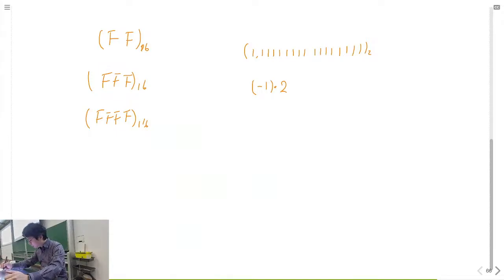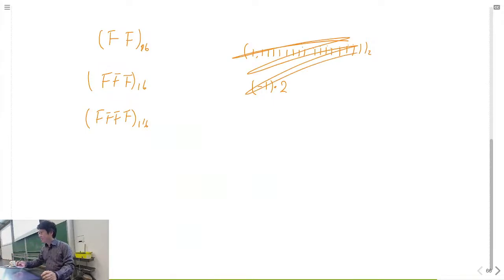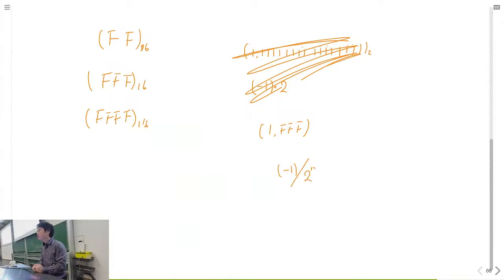Wie viele sind das? Das ist 1, 2, 3, 4, 5, 6, 7, 8. Eins zu viel, ich nehme das raus. So, 1, F. Okay? Das ist einfach hier. Das ist minus 1 durch 2 hoch 12. Das meine ich.